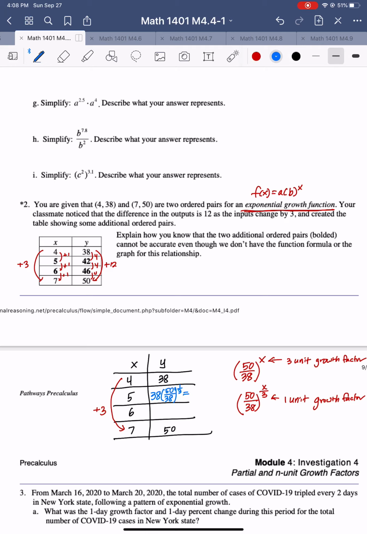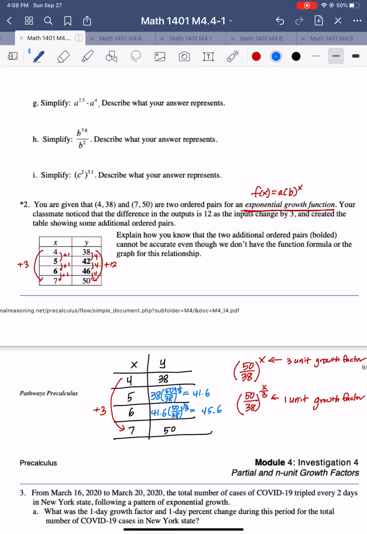Then when you do that, you get 41.6. Now, in order to get the next one, you use the 41.6 and another 1 unit growth factor, which is the 1/3 power, and then you get 45.6.